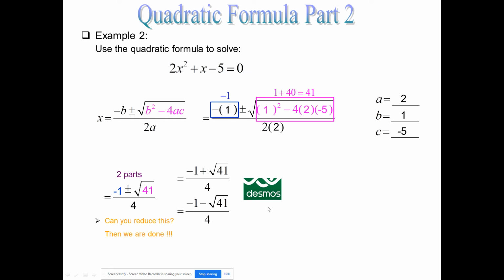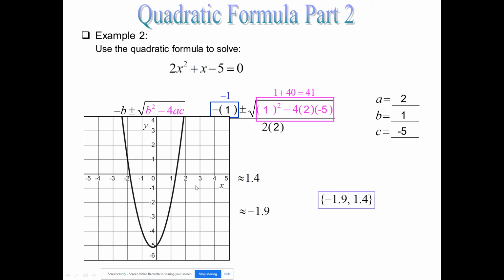Try to do it to get the same answers I get. And I get around 1.4. And here I get around negative 1.9. Okay, and we'll check the graph here in a second. So using set notation with the braces, least to greatest, negative 1.9, and then 1.4.